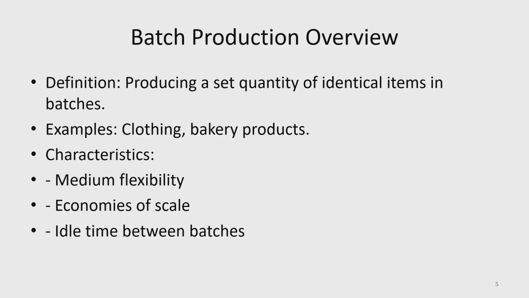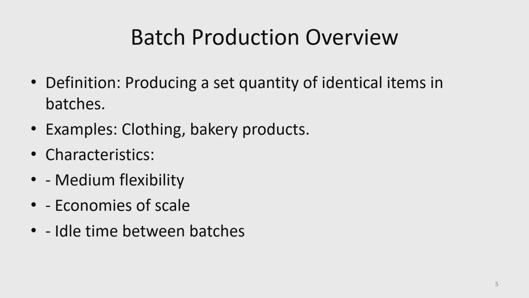So, you make identical items, but in batches, maybe 10 items you have to make, maybe 50 items, maybe 50 similar houses, and then you will sell those houses to needy customers. That becomes a batch production.